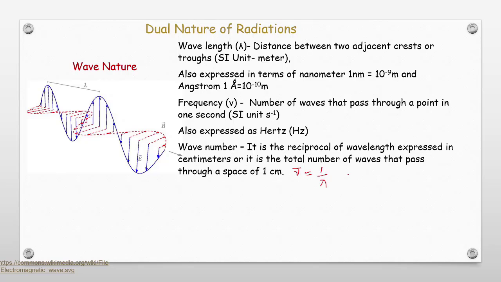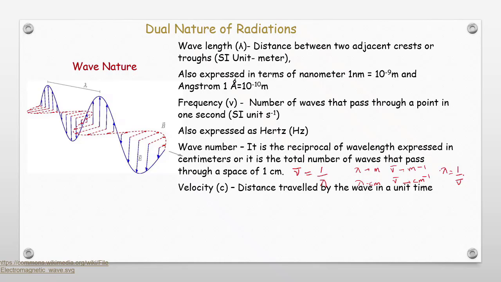If lambda is in meters, then nu bar will be in meter inverse. If lambda is in centimeters, then nu bar will be in centimeter inverse. Usually in problems, wave number is expressed in terms of centimeter inverse. So, lambda is equal to 1 by nu bar.